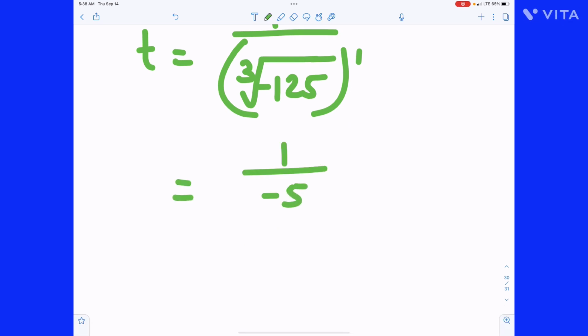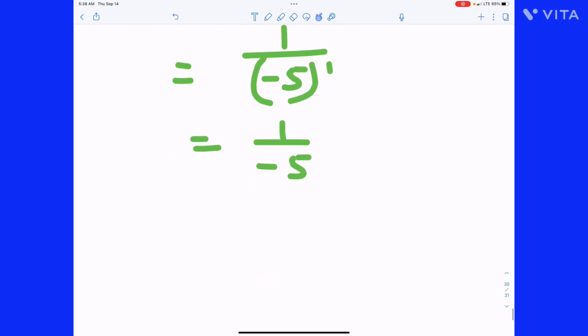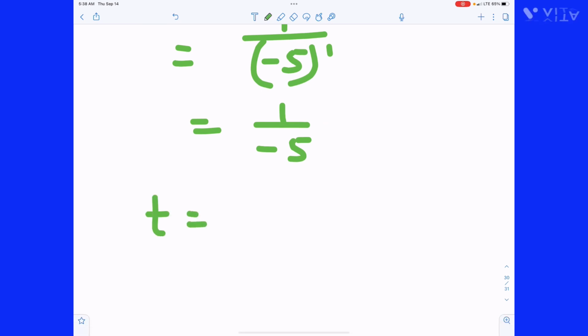That's minus 5. Minus 5 raised to power 1 will give minus 5. That's 1 over minus 5, and t will be equal to minus 1 over 5. So that's the correction to the exercise I gave you. It was a very simple exercise, but it can take time to master. No problem at all.